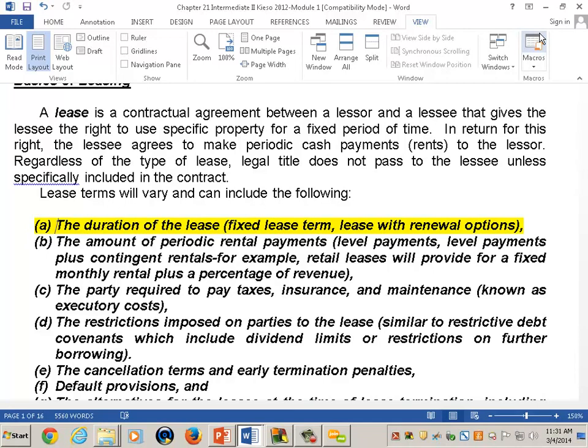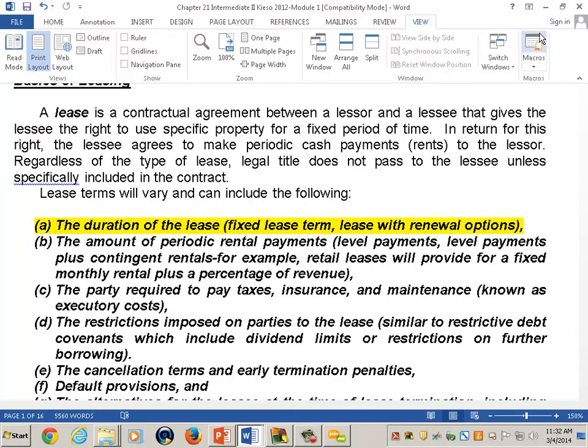So with respect to executory costs, this is a lessee expense.